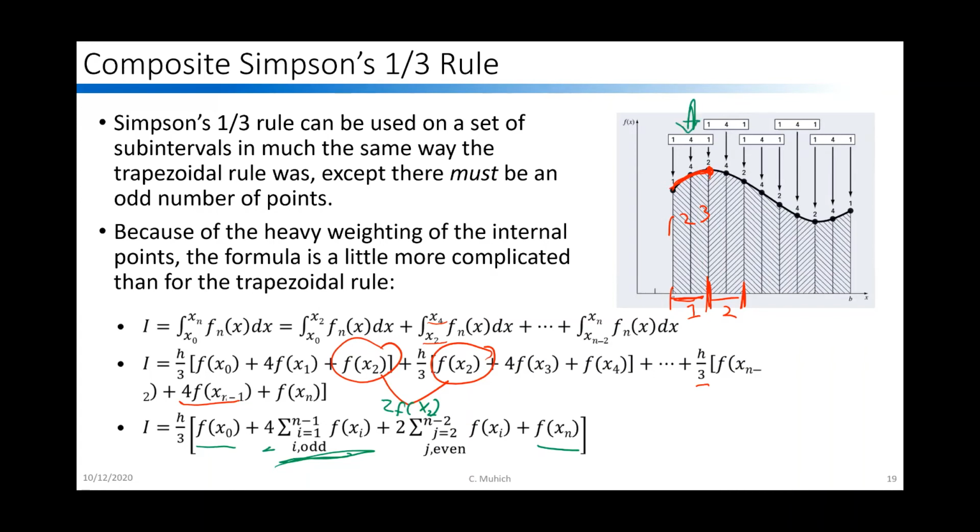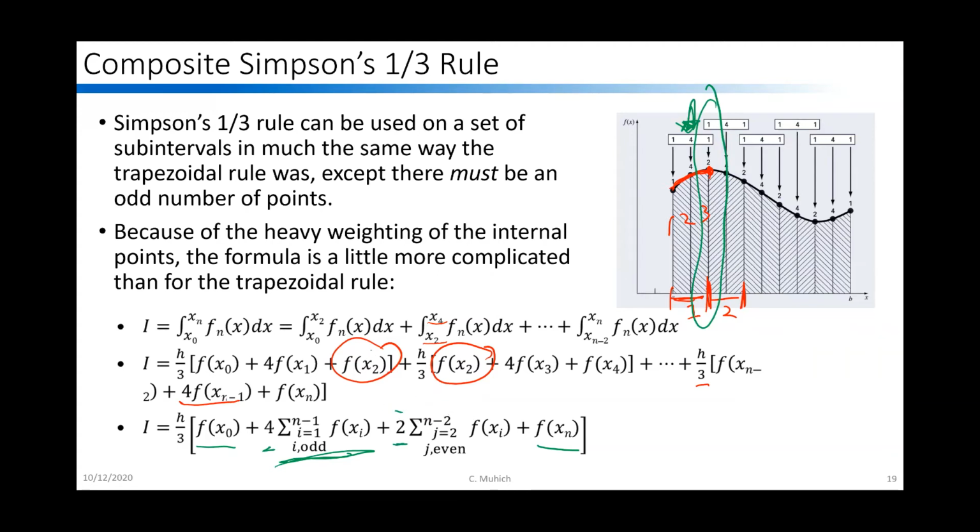These odd pieces are always in the middle and they have a 4 up front. If I'm at an even internal piece, that's the case where the data is on the edge of one interval and the edge of the next. So they get put in here twice.